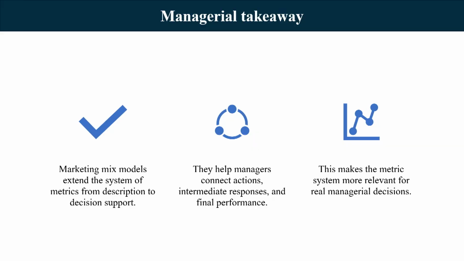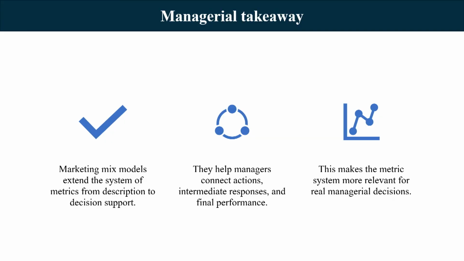They help the managers connect the actions, intermediate responses and final performance. How? Expenditure in advertisement is related to more awareness, and more awareness is related to more revenue for the organization. Managers can understand this only when they have a detailed understanding of the system of metrics and how their connections work.